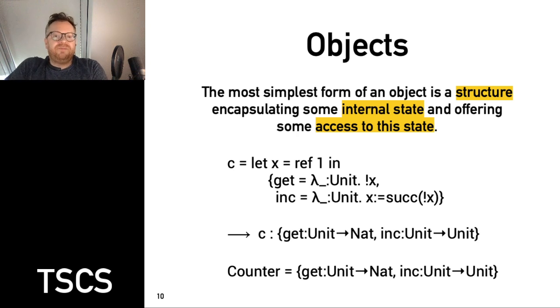So with the let, you create a reference. We discussed this last week, by the way, that you actually need the let here in order to construct that reference and refer to it later. And the type of that object is basically the type definitions of the methods: get unit to nat, increment unit to unit.